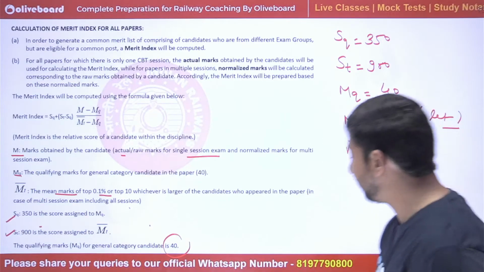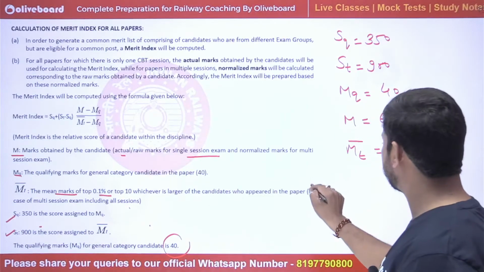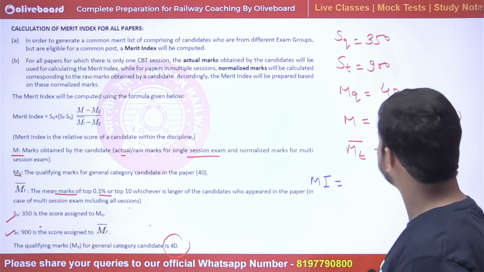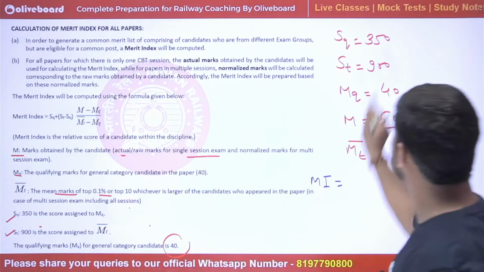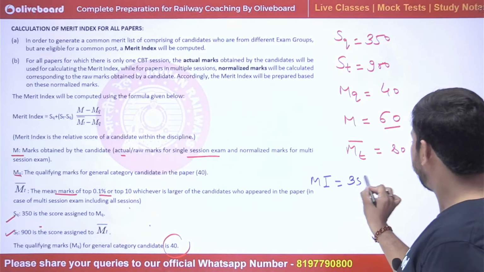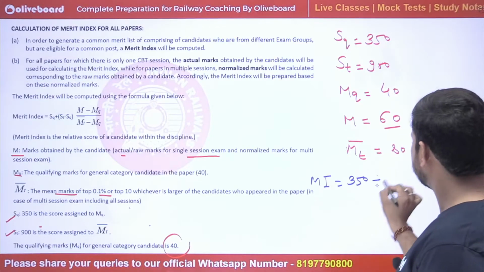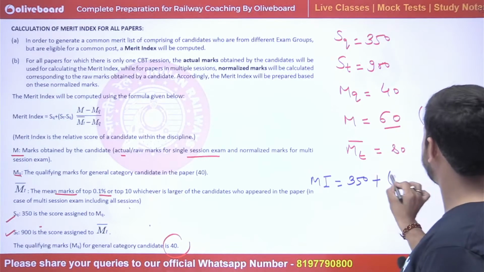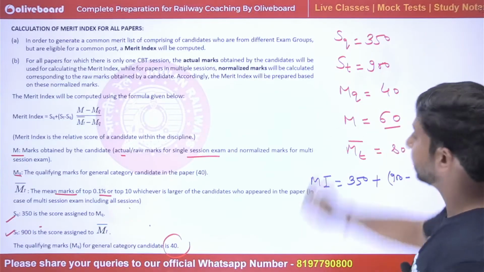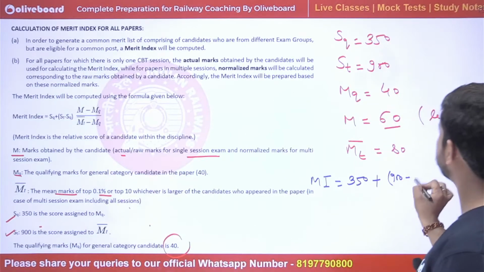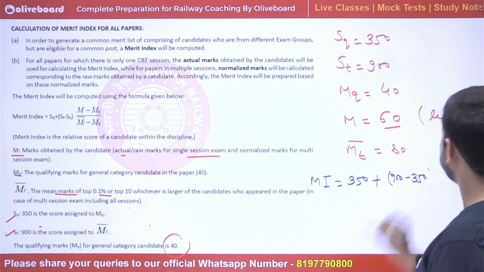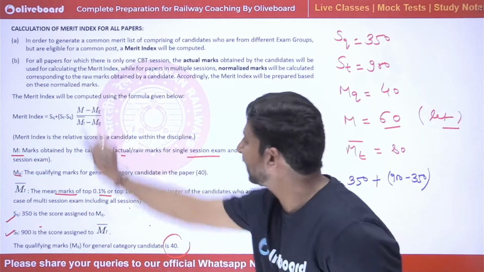Now use that formula. I'm calculating the merit index, MI. Put the value SQ, which is 350, plus ST, the value of ST is 900, minus SQ, which is 350. Now multiply it by M minus MQ.